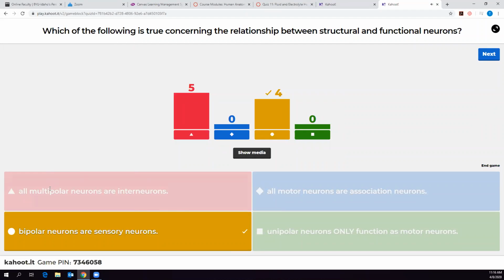All interneurons are multipolar, but not the other way around, because some multipolar neurons are motor neurons. Okay, and then yes, bipolar neurons are sensory neurons. Good. Okay, so if we flipped these around, if we said all interneurons are multipolar, then that would be right. But because some multipolar neurons are motor neurons, that's not the right answer.